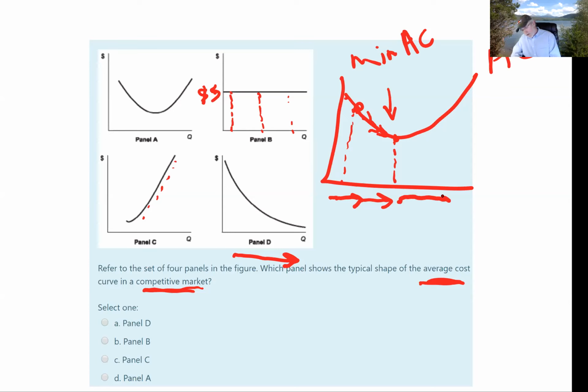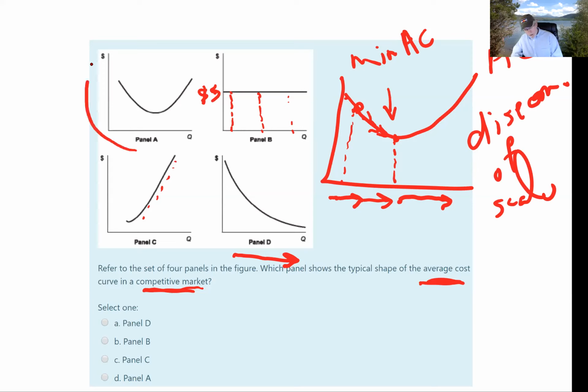If the firm continues to expand, then the firm's average costs start to go up. We said that when that happens, the firm is said to be experiencing diseconomies of scale, because their output continues to go up and their average cost has started to go up as well.